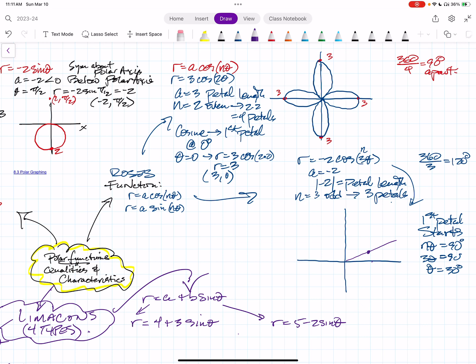And then rotate 120, so you got 150. So it's over here. And then add another 120, and then you're down here at 2 units. So here we go. Let's graph the petals. There we go. And they all intersect at the origin.